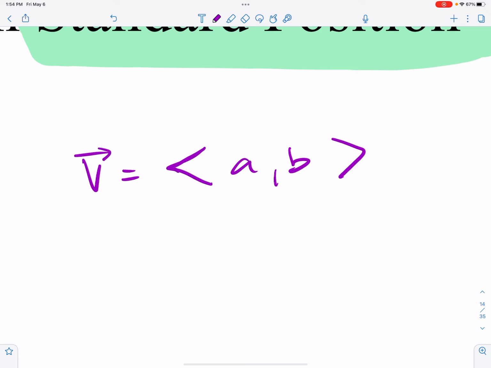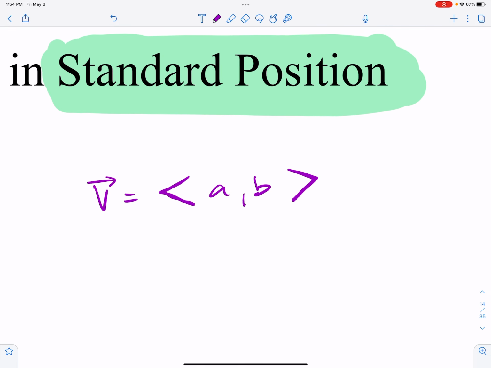These pointy brackets tell us that the vector is in standard position. So when you see a vector with horizontal and vertical components in the pointy brackets, that means the vector is in standard position.